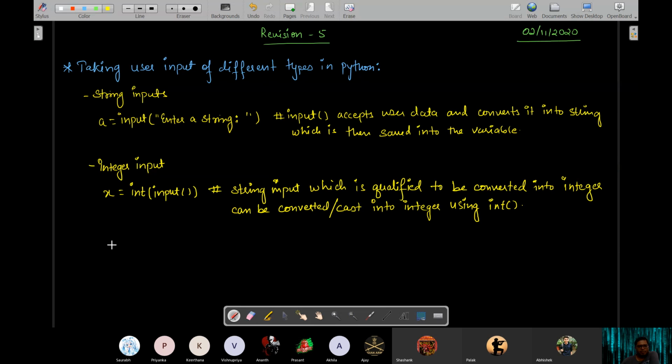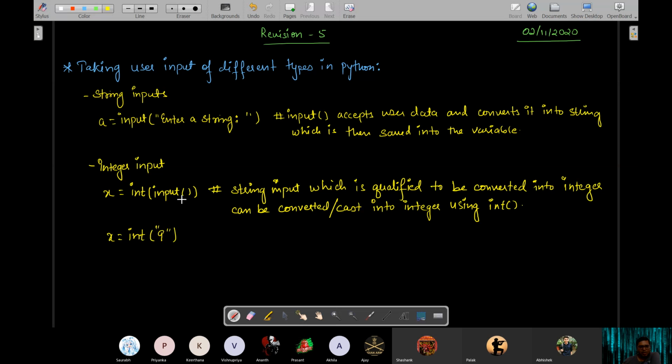So now tell me which all conversions are proper. x is equals to int, let's say the user gives 9, which the input function converts into string 9.